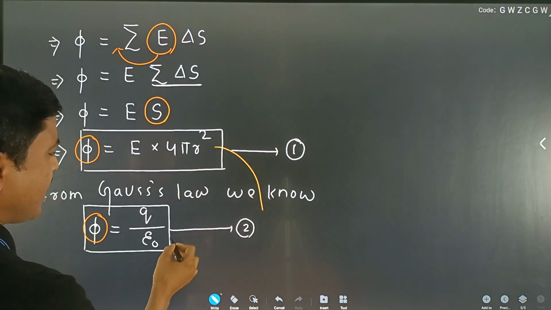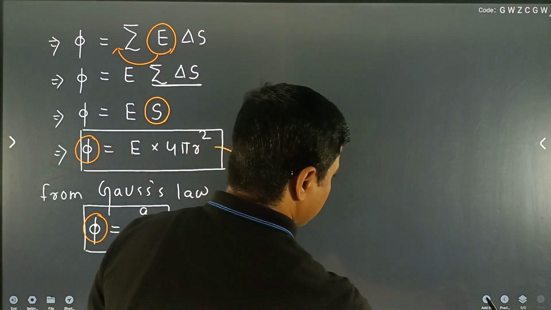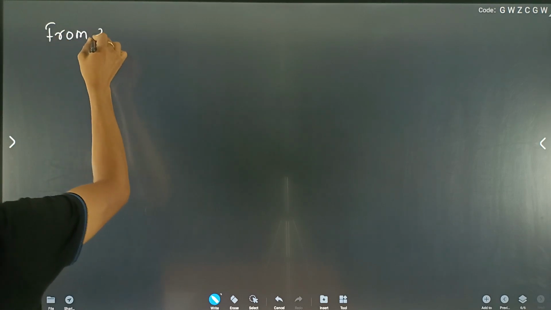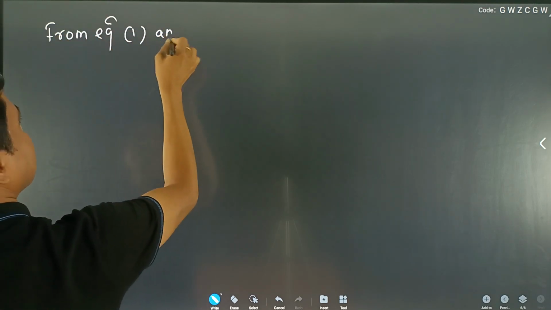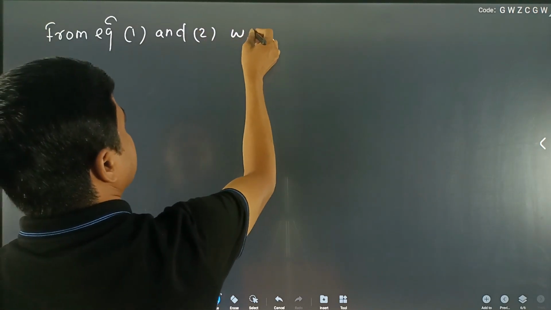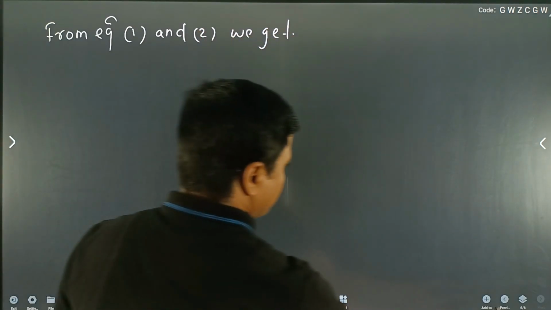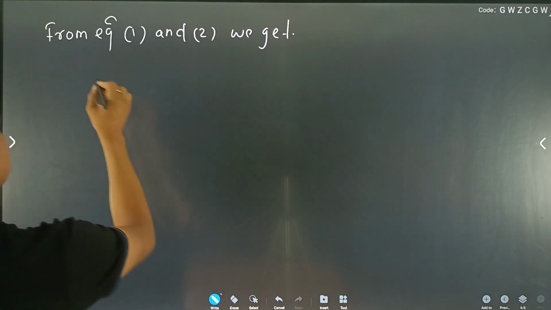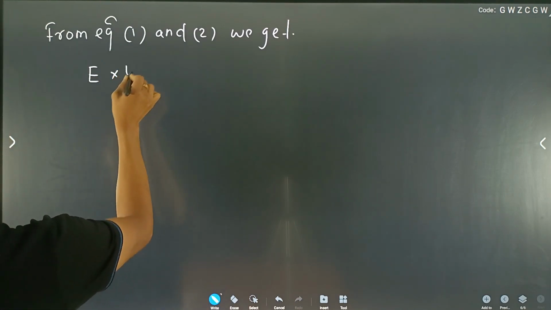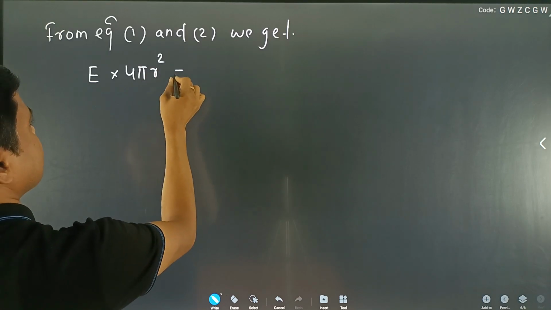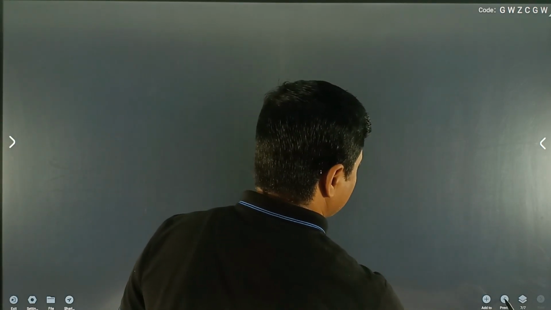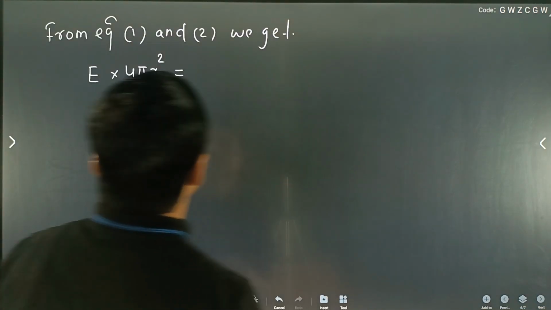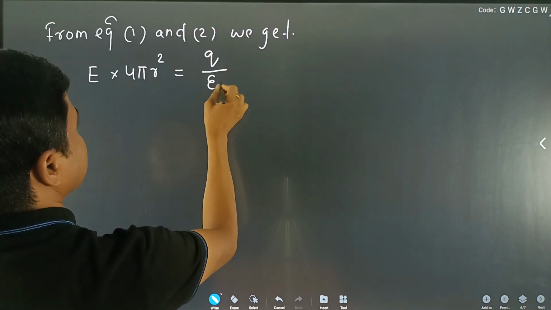That means from equations 1 and 2, we get E multiplied by 4 pi r square, which is equation 1, is equal to Q divided by epsilon 0, which is equation 2.